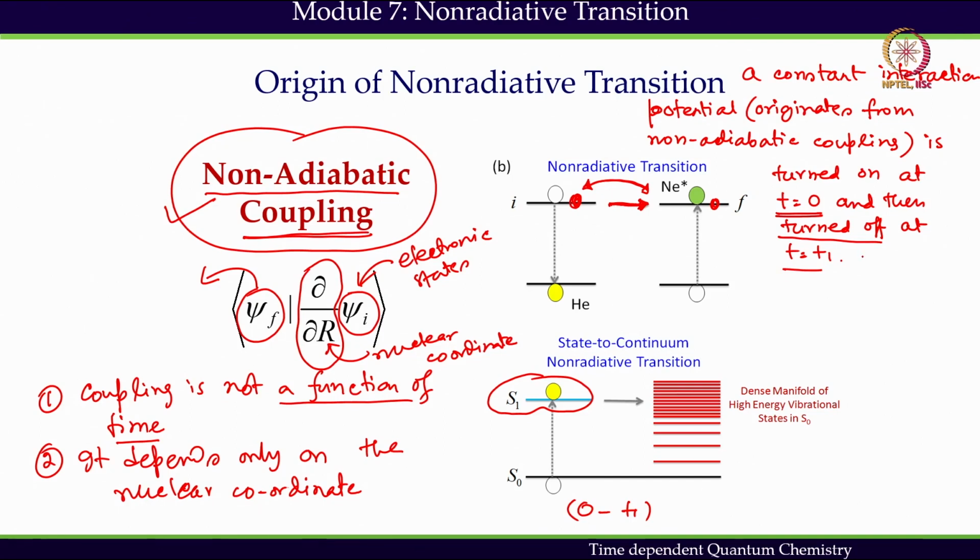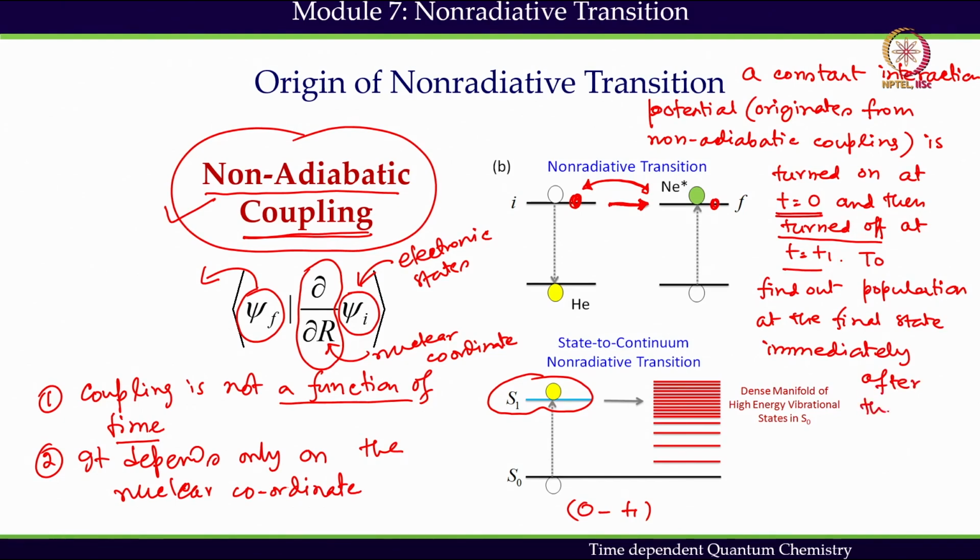So, our task is to find out the population at the final state immediately after the interaction process is turned off.